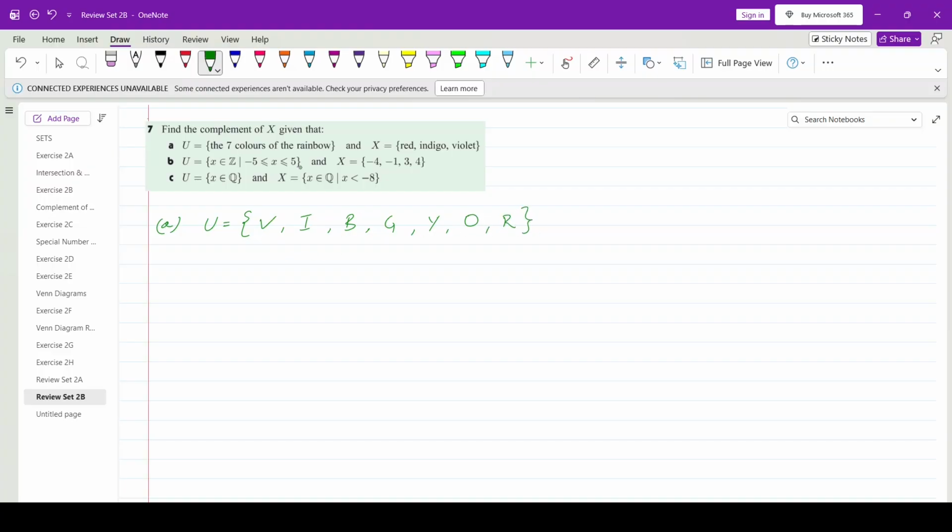These are the 7 colors of the rainbow, and X is a set containing red, indigo and violet. Now this red is present here, this indigo is present here, this violet is present here. So we can say X complement will be all the elements of the universal set that are not a part of X. So this is going to be B, G, Y and O. Blue, green, yellow and orange.